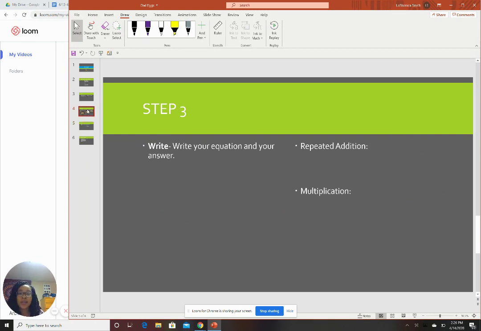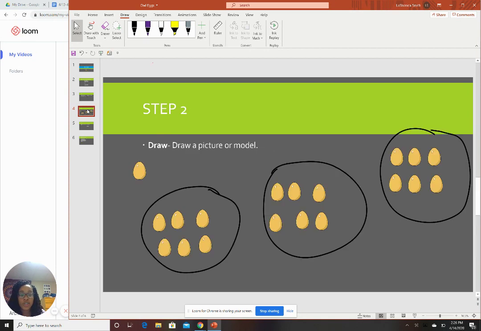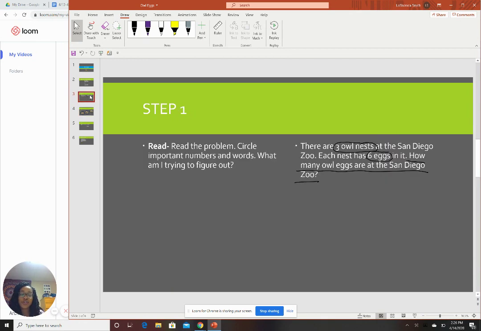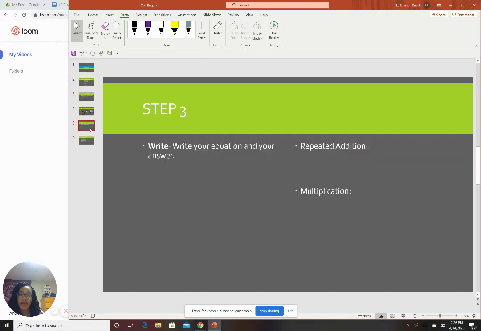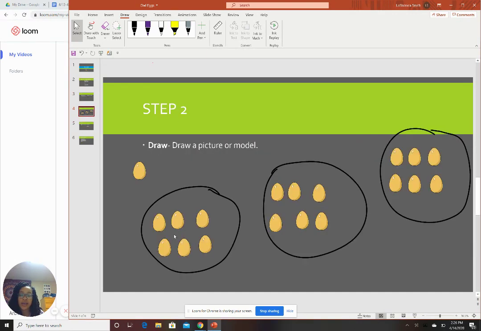The first one is repeated addition. So let's look at this picture and try to figure out which number we added multiple times, okay? You can look at the picture, or you can look back at your story problem, and I see that it's the number 6, okay? And I added 6, 1, 2, 3 times.